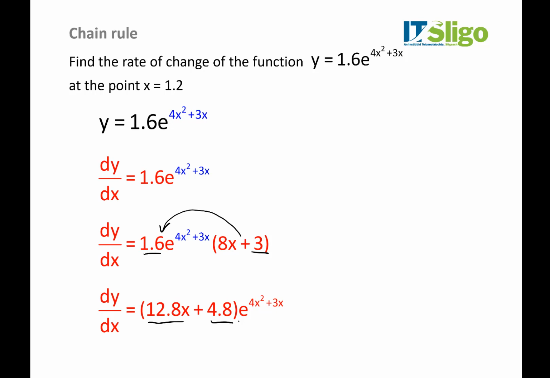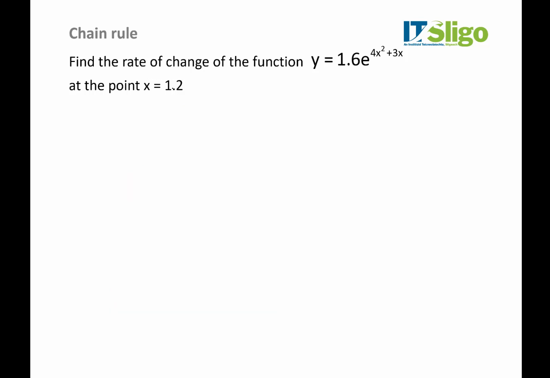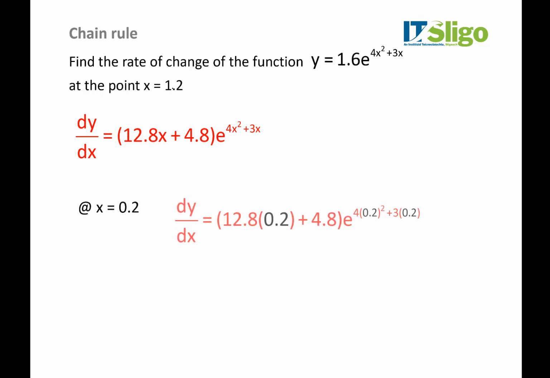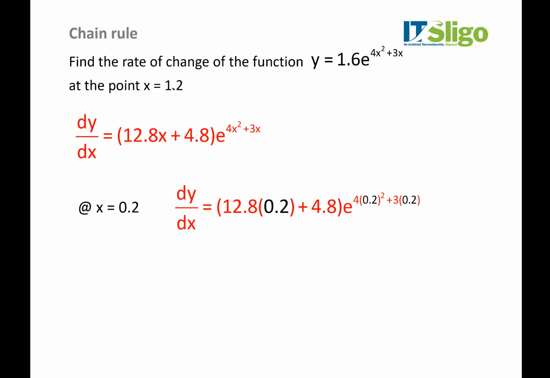On the next slide now we'll take a look at the slope at this point. So there's our derivative from the previous slide, at x is equal to 0.2. Feed these values in. Obviously dive for your calculator straight away.